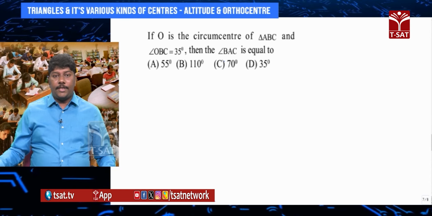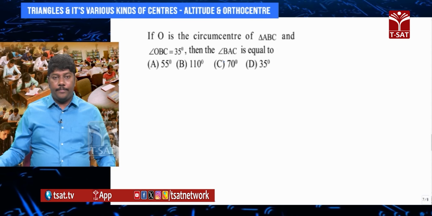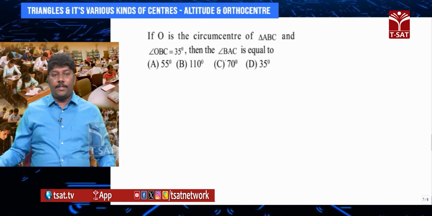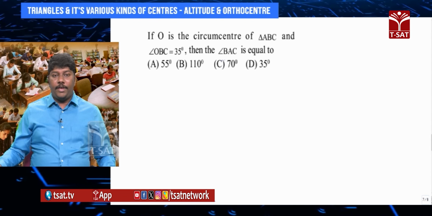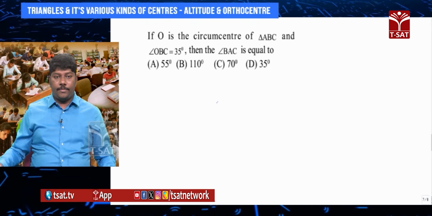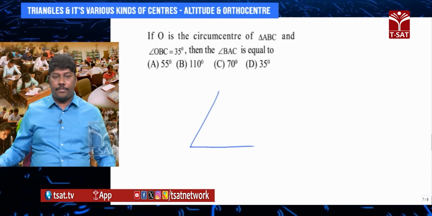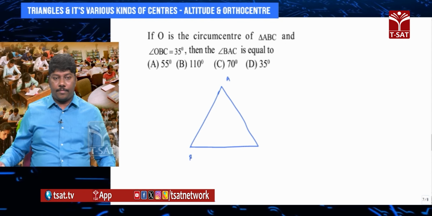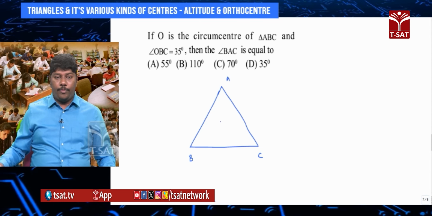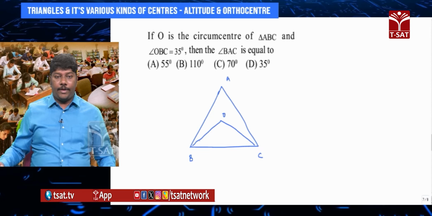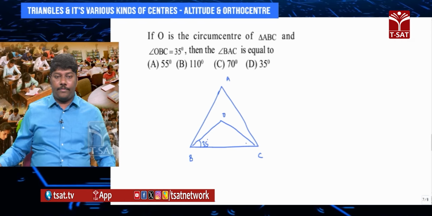If O is the circumcenter of triangle ABC and OBC is equal to 35 degrees, then the angle BAC is equal to... It's a circumcenter, O is a circumcenter. OBC, if it is 35, the opposite angle is also 35.